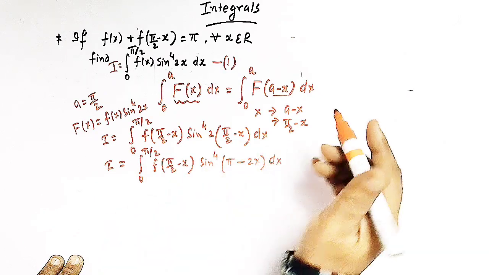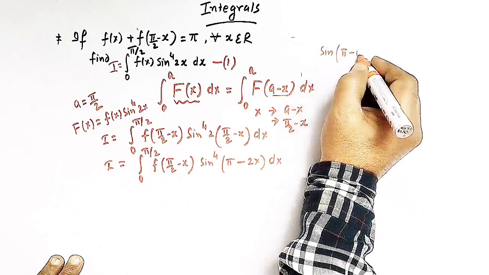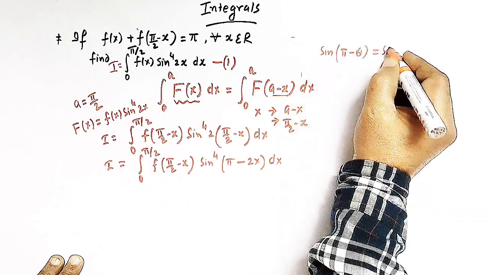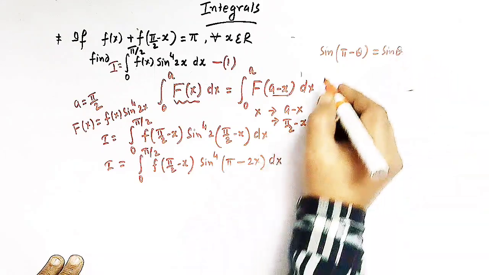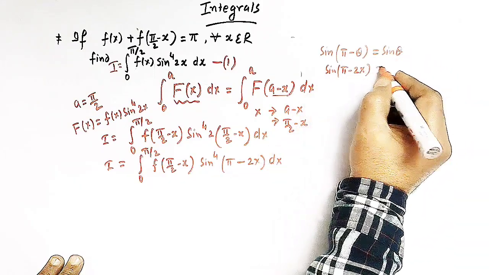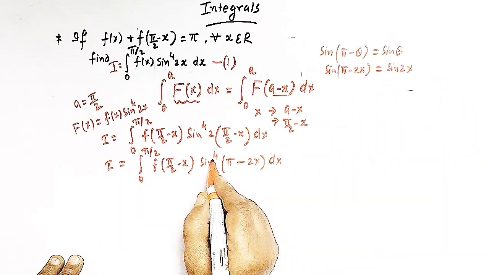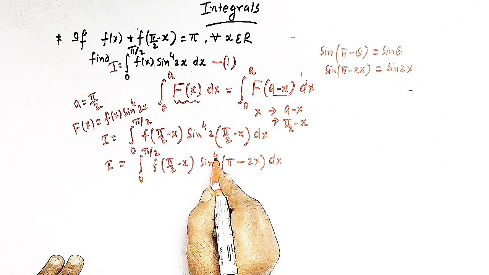Now from trigonometry we know that sine of pi minus theta is equal to sine theta, right? So sine of pi minus 2x is simply equal to sine 2x, and here we have the exponent 4.